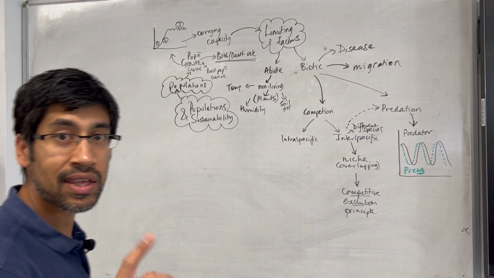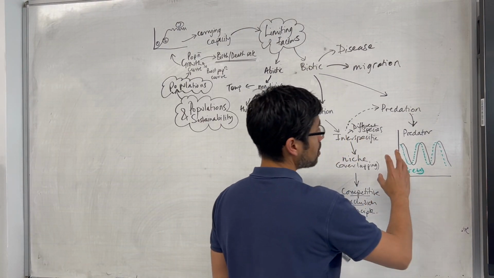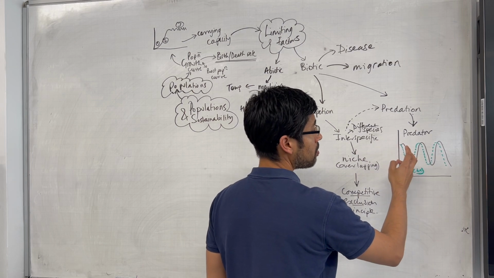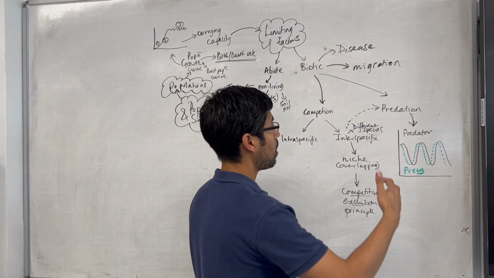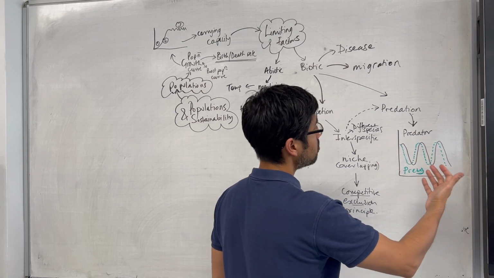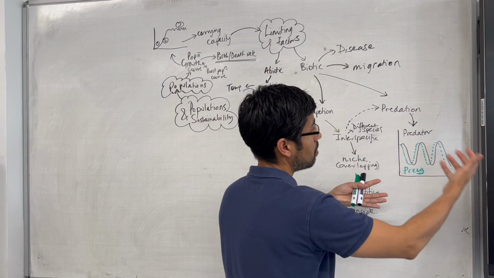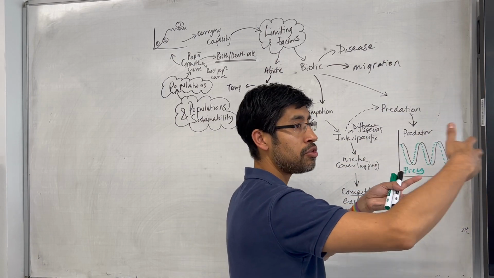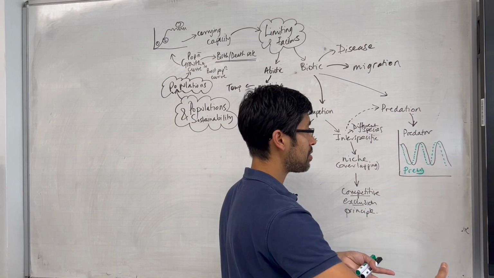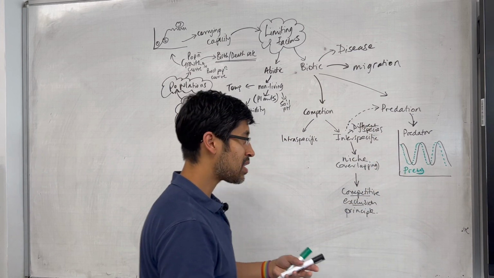Now let me just check that I've got that right. So what would happen is that when the prey numbers are high, then the predators have lots of availability of their food source, and so their numbers increase. But then when the predator numbers get too high as a result of that, they consume a lot of the prey, the prey numbers decline, not enough food availability then for the predators, so the predator numbers decline.